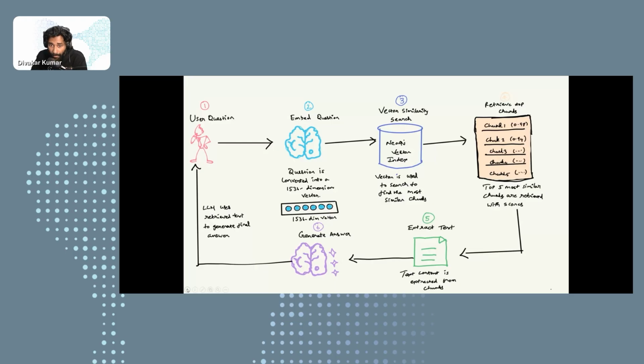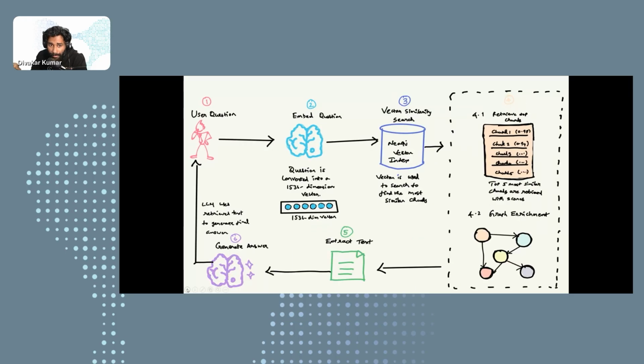Now let's look into the GraphRAG process. Essentially, the GraphRAG process is somewhat similar until the vector similarity search that we did.